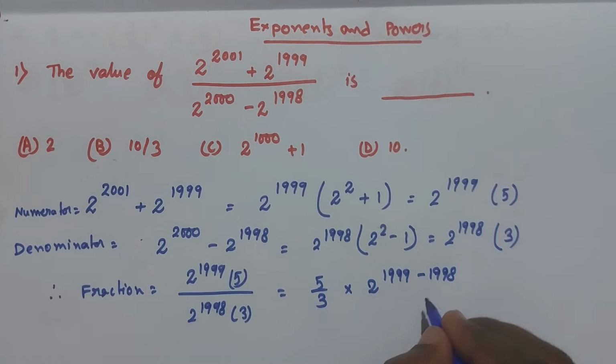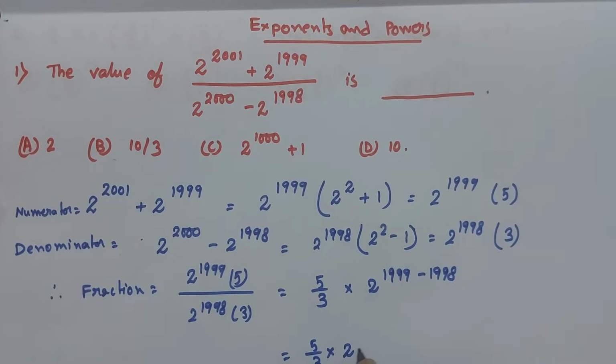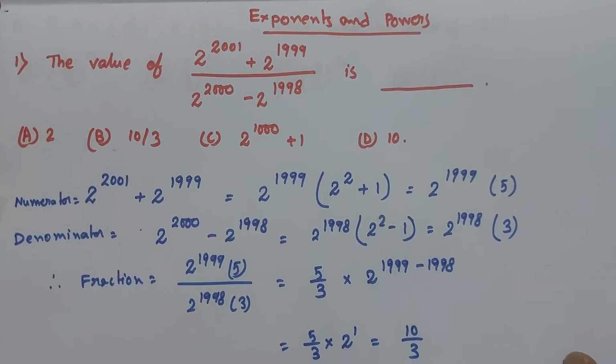So this is equal to 5 by 3 into 2 to the power 1. So that means 10 by 3, isn't it? The result is 10 by 3. Understood how I have done this?